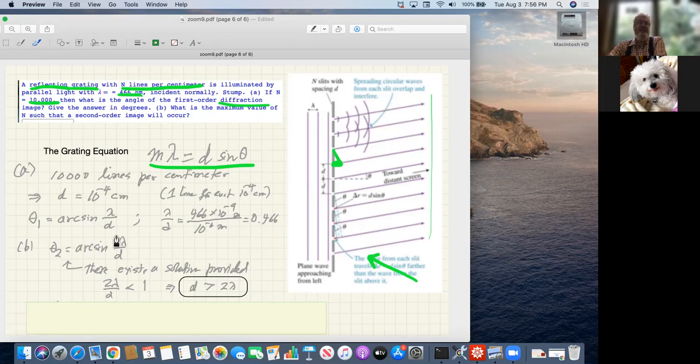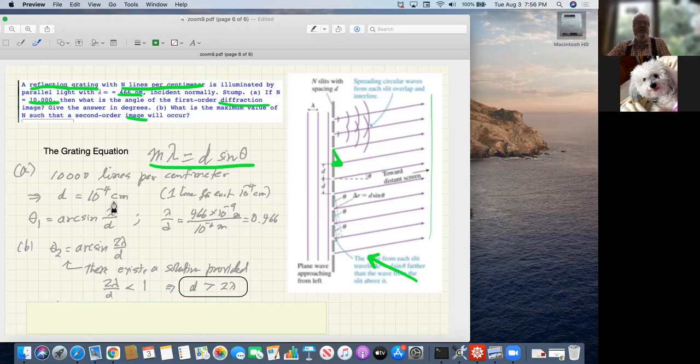The sine of theta is 2 lambda over d. Well, the sine of any angle is less than 1. So the only solution is possible if 2 lambda over d is less than 1. There's no such thing as the arc sine of a number greater than 1. So 2 lambda over d has to be less than 1. That is to say, d has to be greater than 2 lambda. The distance between the slits has to be large enough to see the second order image, the second order diffraction fringe.